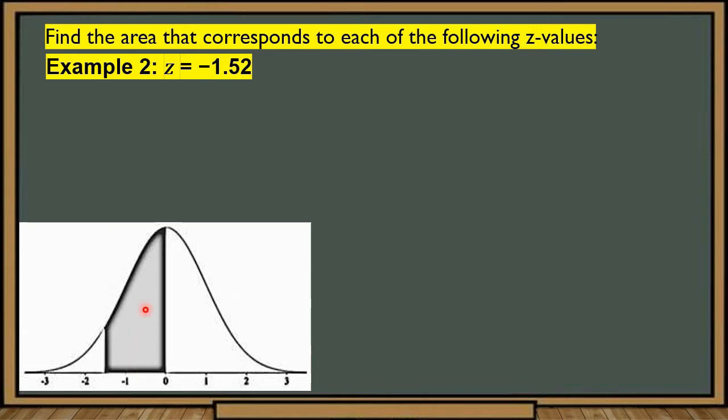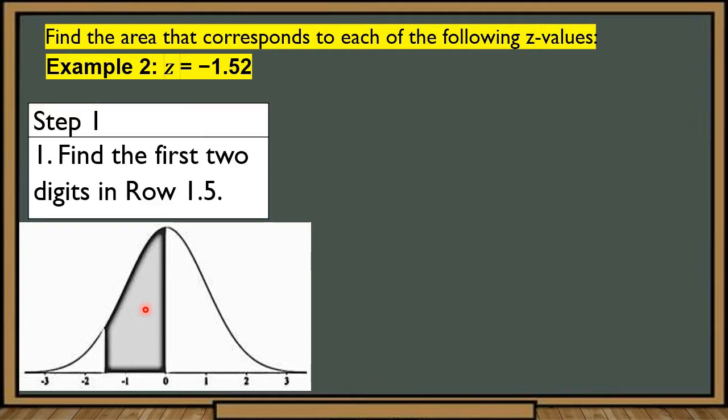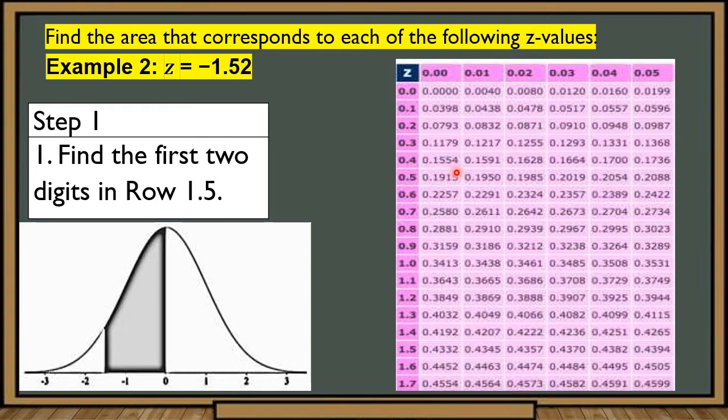So what is the first step in finding the area? So again, we're going to find the first two digits in row 1.5. So again, since we do not have negative z values under the normal curve, a negative value indicates only that it is placed to the left of the mean.